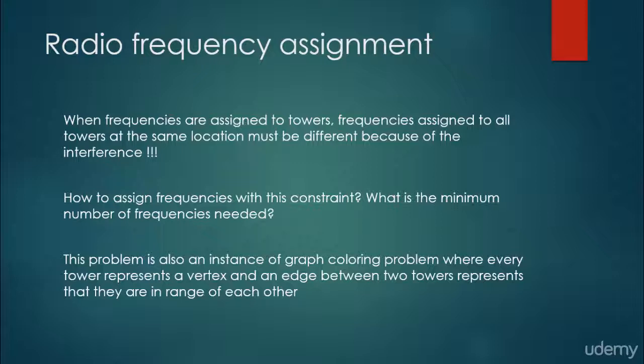It can be very important as far as engineering concepts are concerned. So it's a very important application too. This problem is also an instance of graph coloring problem where every tower represents a vertex and an edge between 2 towers represents that they are in range of each other.